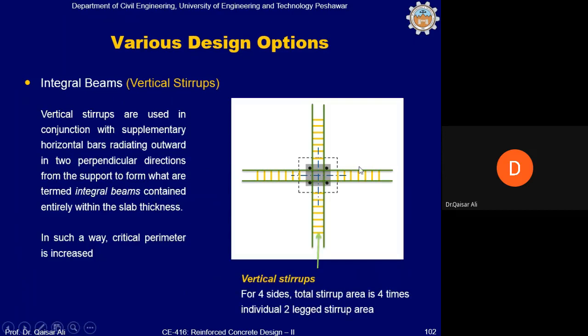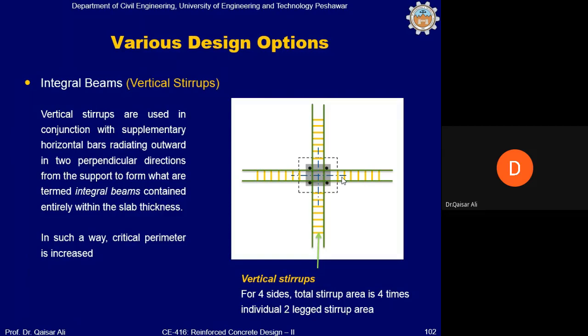You know that the stirrups are provided on all 4 sides of this column in the slab. So the shear reinforcement will be 4 times multiplied by 2 legs multiplied by the area of bar. If you remember, in the case of beam shear reinforcement, we used to multiply the shear reinforcement by 2 because there are 2 legs of each stirrup.